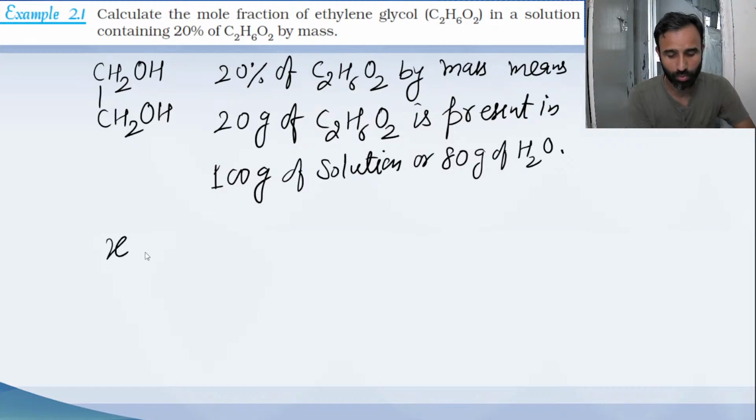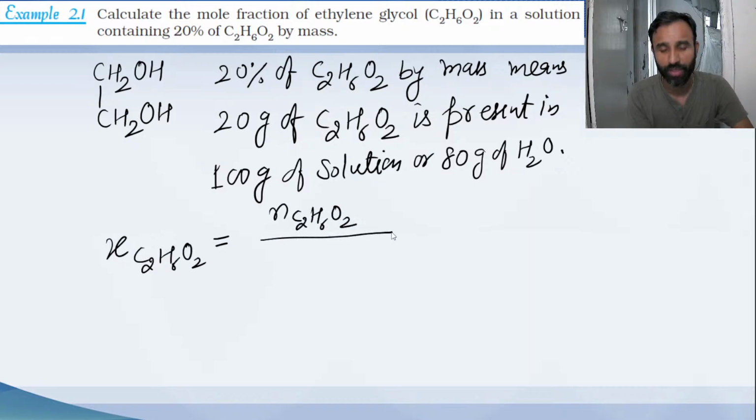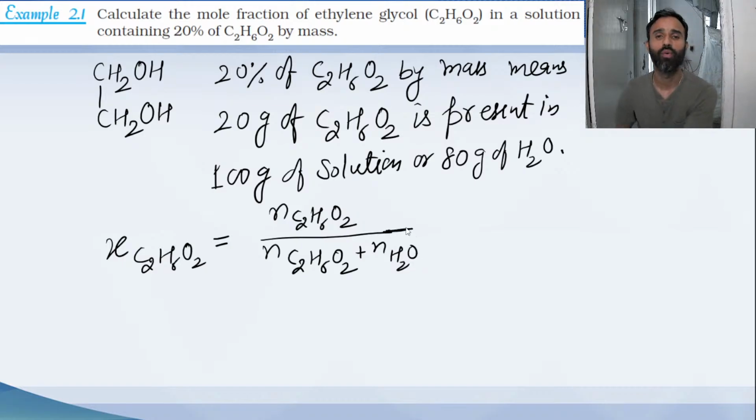To calculate mole fraction of ethylene glycol, what is the formula used? It is number of moles of ethylene glycol divided by number of moles of ethylene glycol plus number of moles of water.